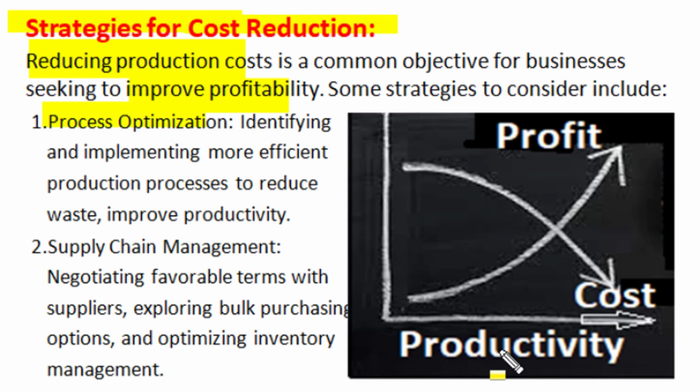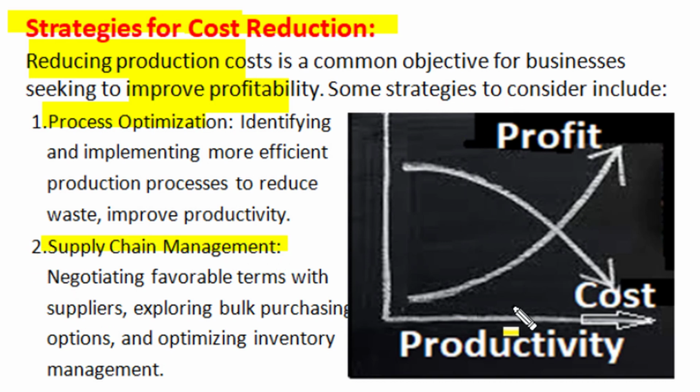If we identify and implement more efficient production processes, improve productivity and reduce wastage, then it will definitely reduce cost and increase our profitability and gross margin for the same amount of sales efforts. Now, another good strategy for cost reduction is supply chain management.